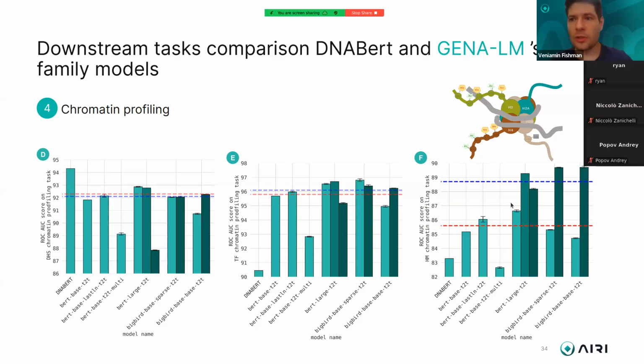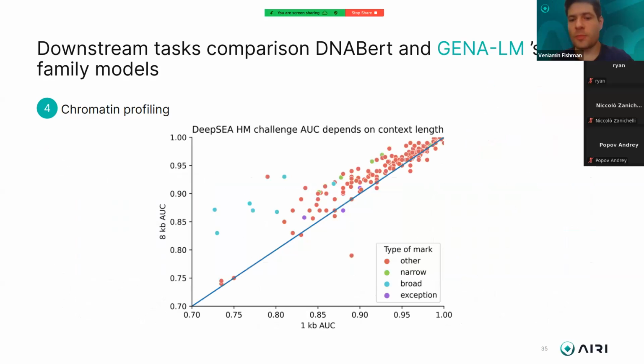And we're interested why, actually, what is so special in the features which gain this increase of performance when we increase the DNA context around. Here we compared the score for 1 kb context and 8 kb context, and we found that there is a set of features which perfectly overlaps with the broad histone marks that gains performance for longer context.